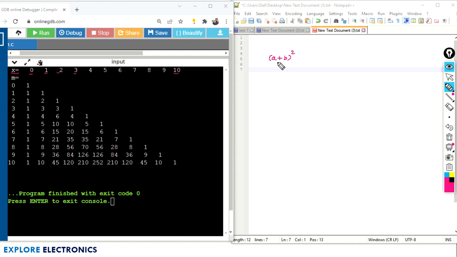What we are doing here is finding the coefficient values for the binomial expressions for all the powers starting from 0. That means we are going to find the binomial coefficient values for (a plus b) to the power of 0, then for (a plus b) to the power of 1, (a plus b) to the power of 2, likewise till (a plus b) to the power of 10. Just imagine that this is a table like this.